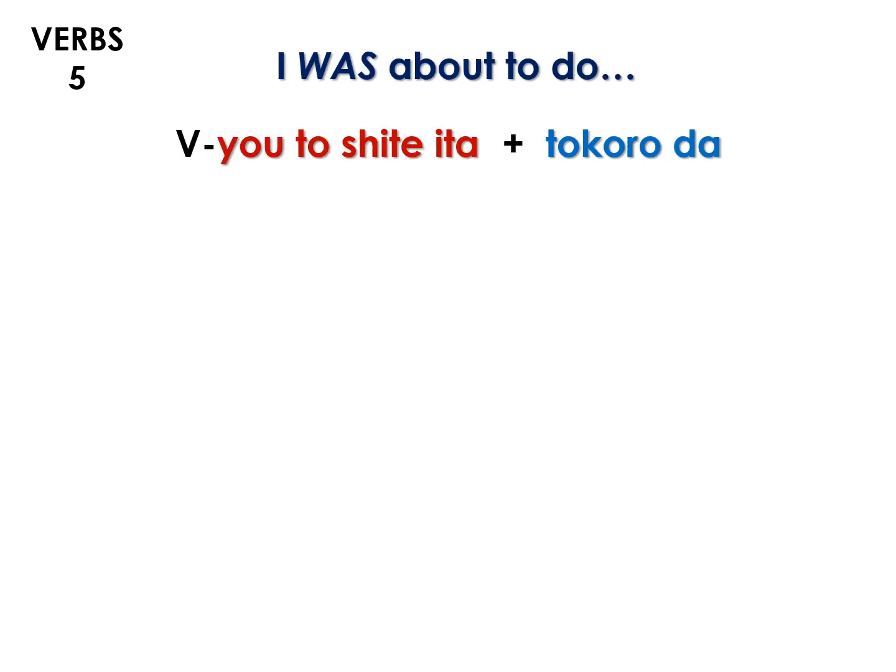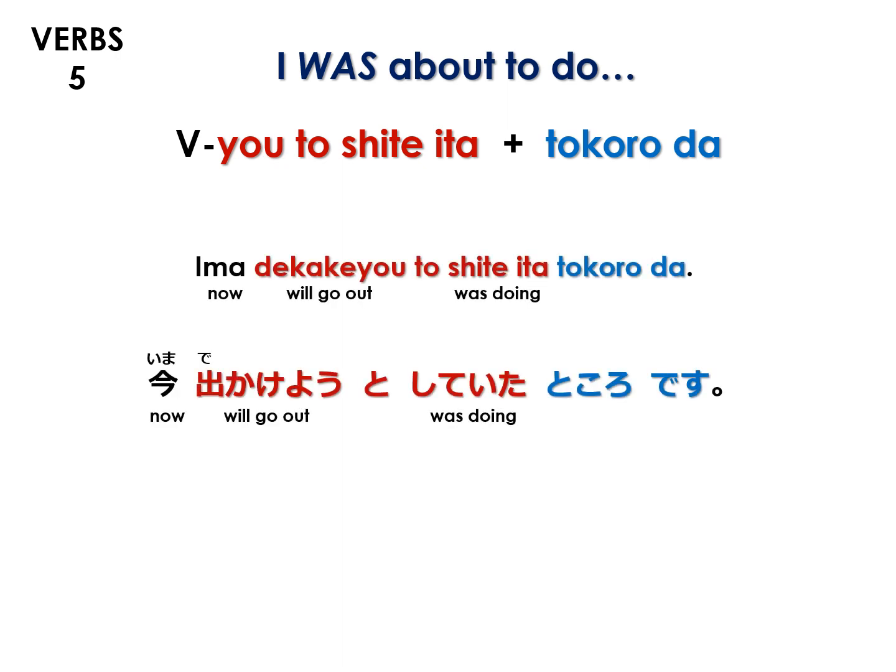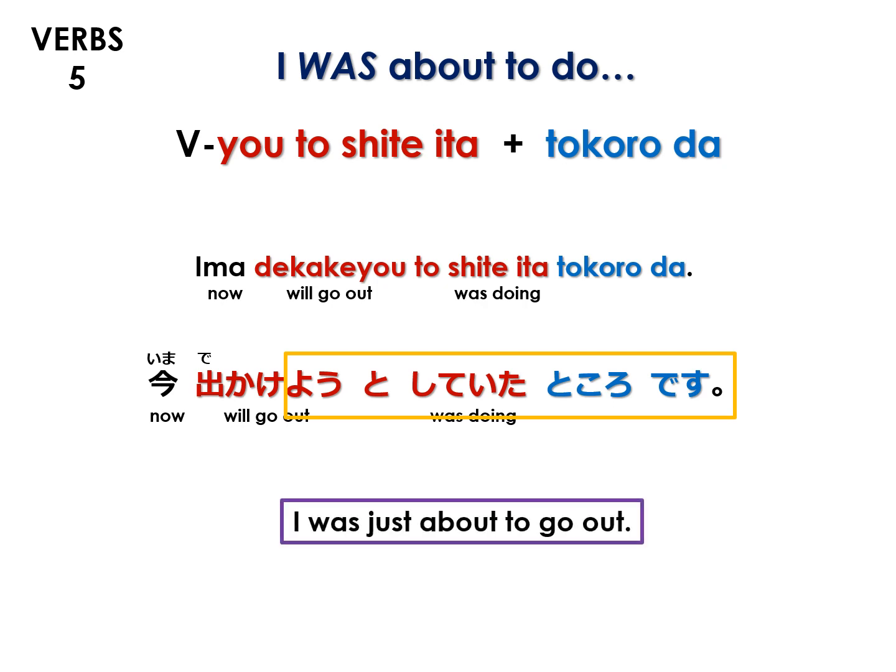Next pattern is ようとしていたところだ。今、出かけようとしていたところだ。The ようとしていたところだ pattern indicates I was about to do なんとかなんとか。Translation, I was just about to go out.